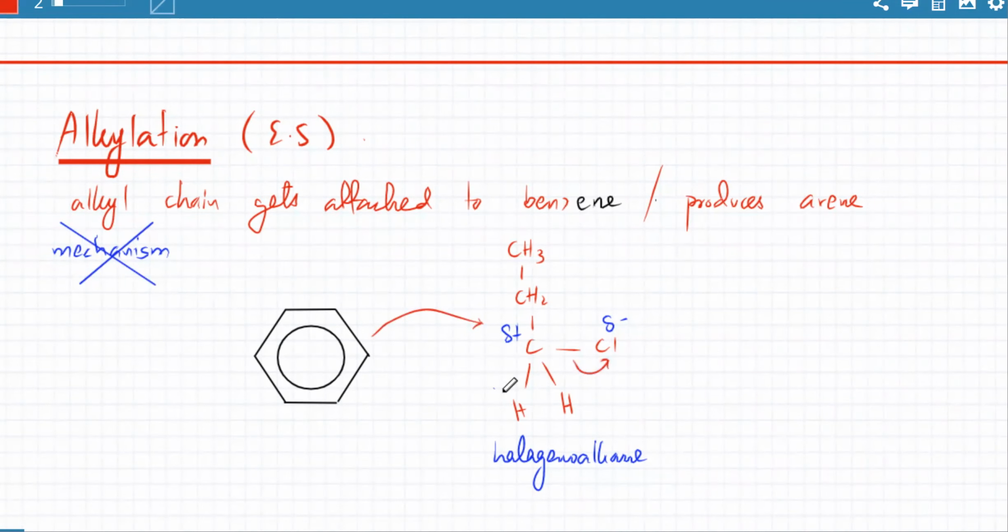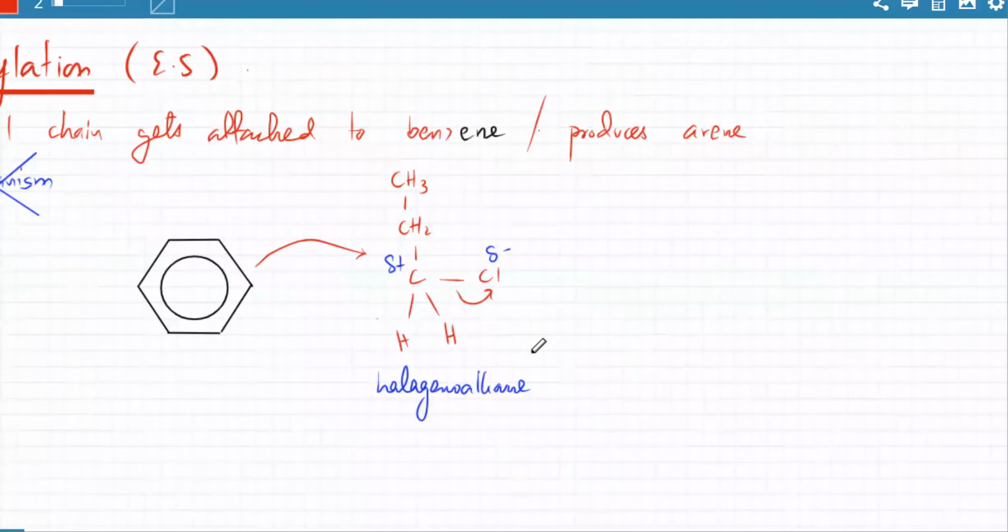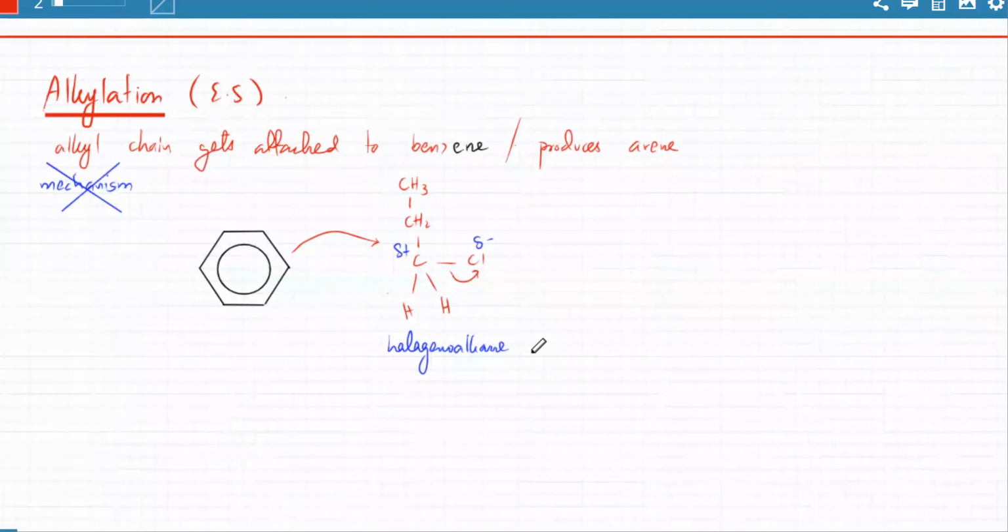So the benzene repels the electrons in the carbon-Cl bond, and it attracts the positive carbon atom. That's about it. In this case as well, because it's a benzene, you would need a catalyst. So the reaction does include a catalyst. The product would be that the Cl would eventually break off. So if I draw this again, the Cl is going to leave.